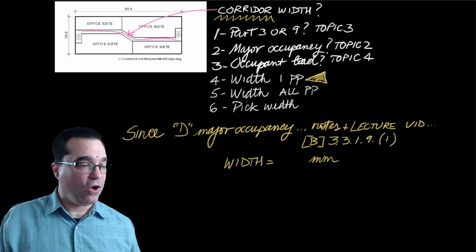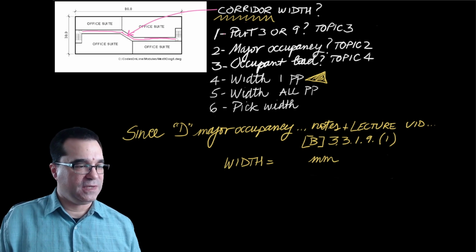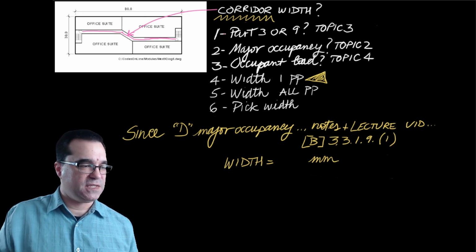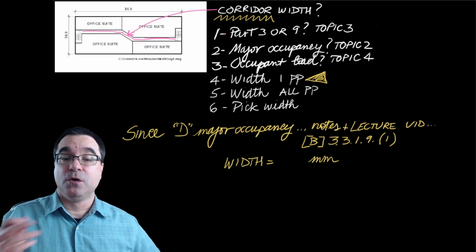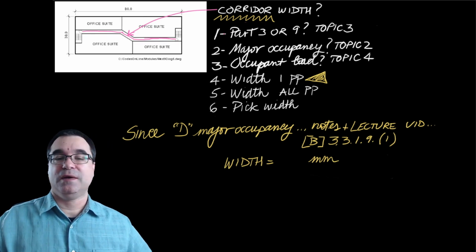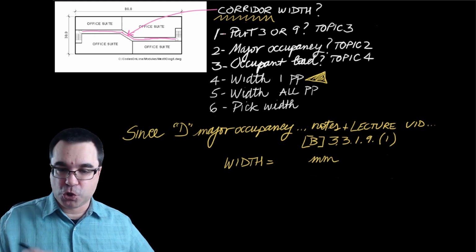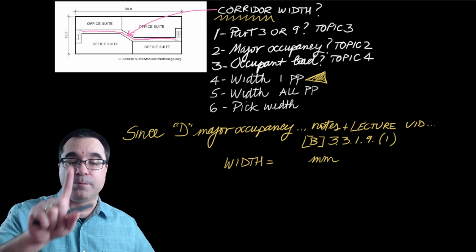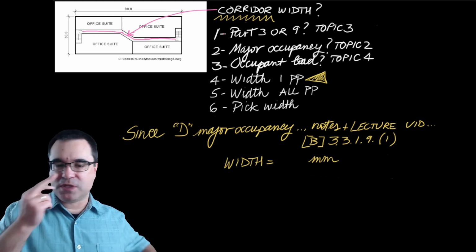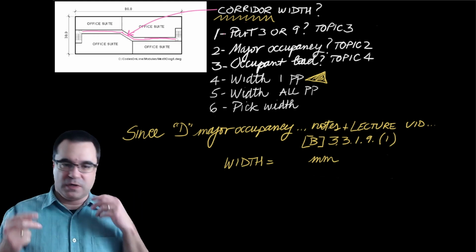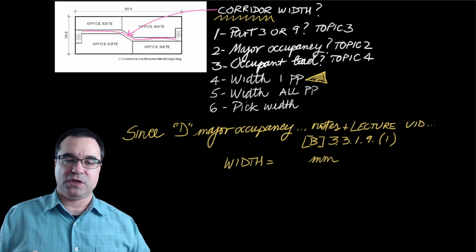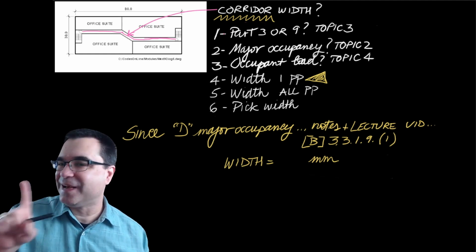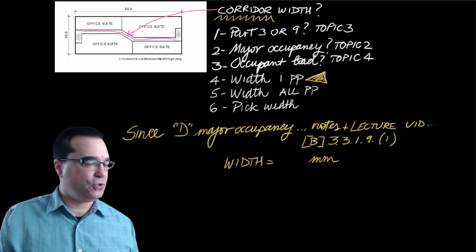Now that we have all this relevant information, it's a D major occupancy and everything else that we found so far, we can determine what the minimum width has to be of the corridor for one person to safely get through. So this is the minimum width of the corridor that allows for a regular human being to get through with no difficulty, right? Unlike that scene from the movie Inception that I showed you.